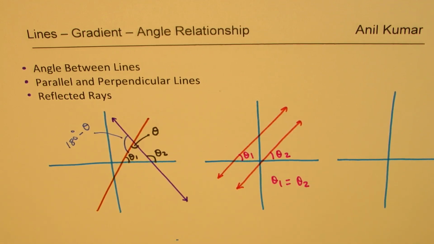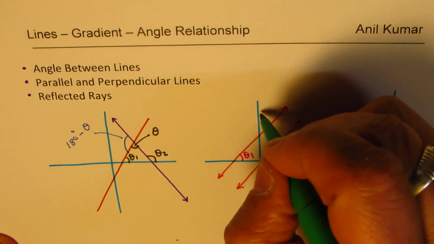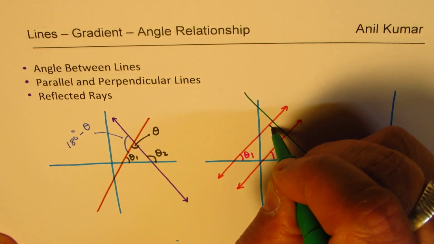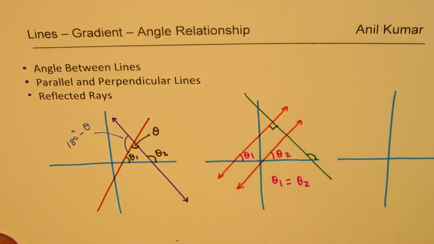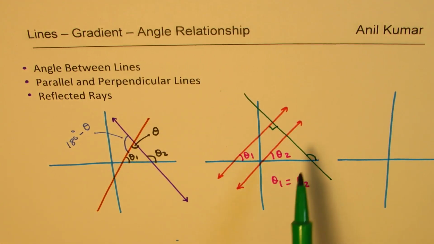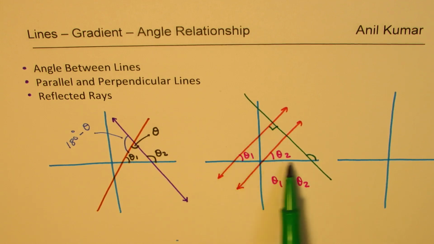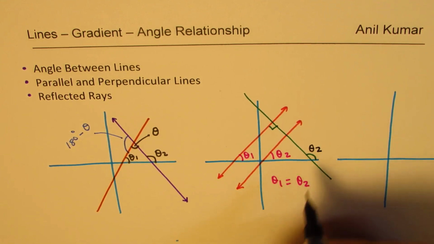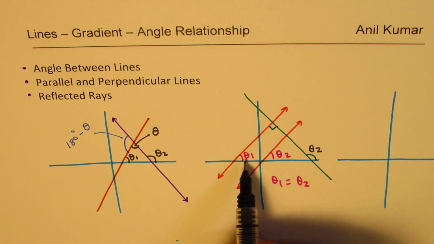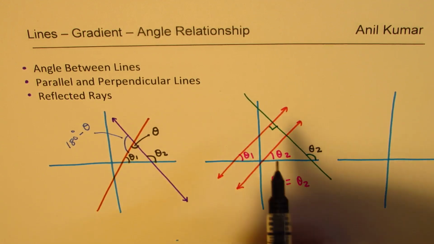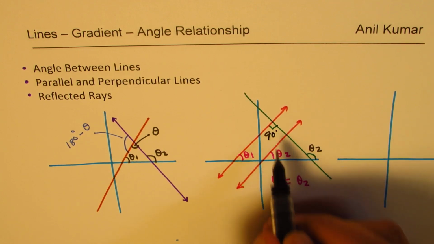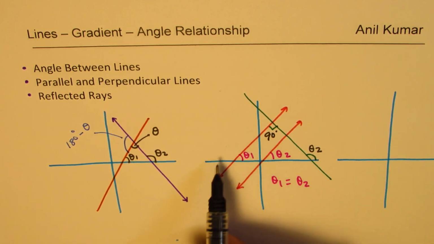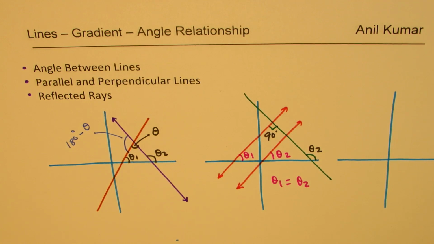However, if we have a perpendicular line, then in that case, the angle will be what? Look into this, right? So this angle here is the sum of these two interior angles. So if they are perpendicular lines, then theta 2 will basically be equal to 90 plus theta 1, right? For perpendicular lines. So we'll derive that relation which relates to parallel and perpendicular lines.